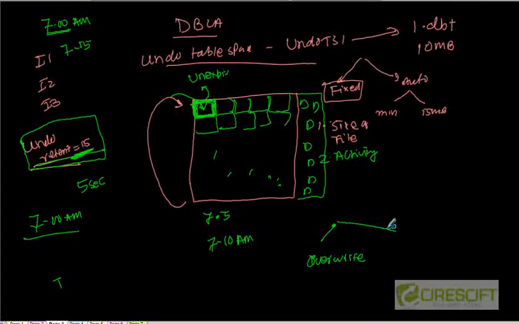Or another thing can happen: if we enable this tablespace using undo guarantee. There's another parameter called undo guarantee. If undo guarantee is enabled, in that case we cannot overwrite. So here is a scenario: a transaction, say T100, is trying to update something.